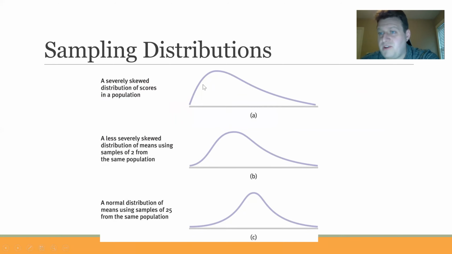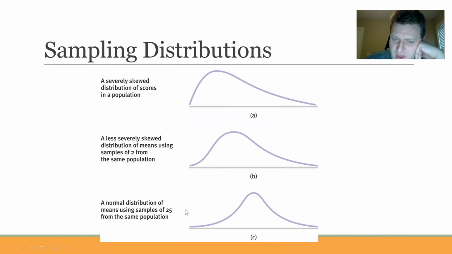We only have 2 subjects. We're calculating the mean from those 2 subjects, and we're doing that dance that I showed you and coming up with the sampling distribution. It looks better. It looks more normal than the population distribution, but it's still not normally distributed.